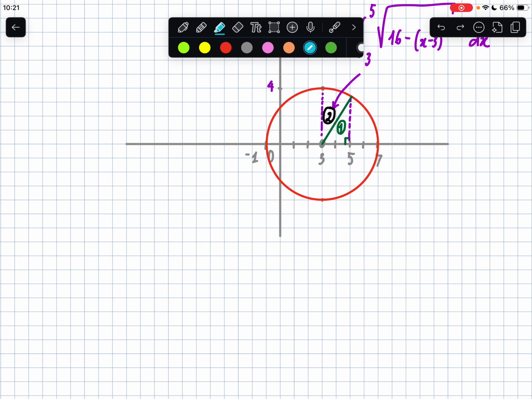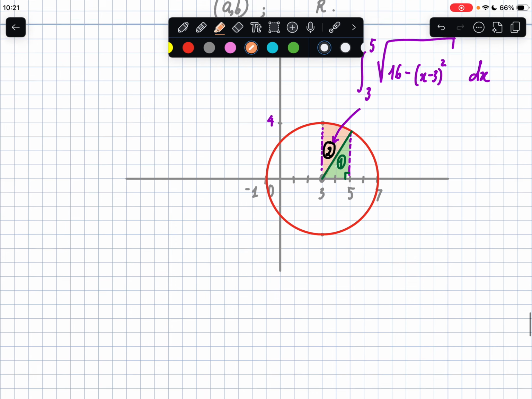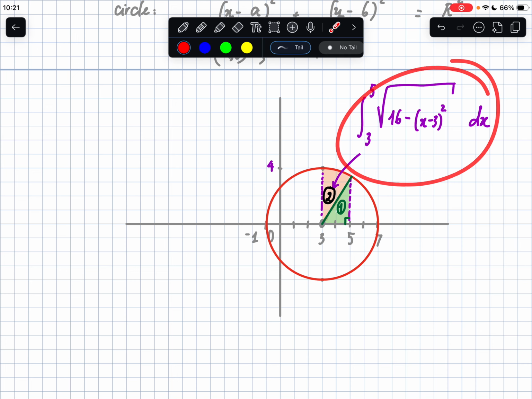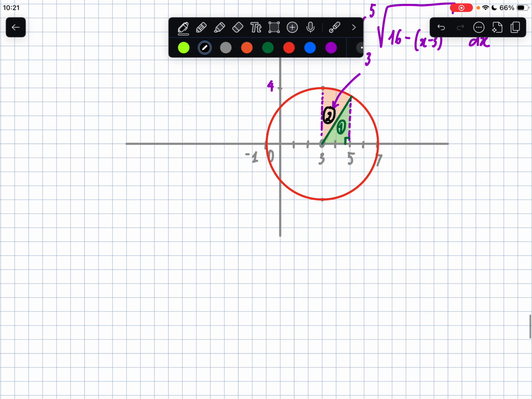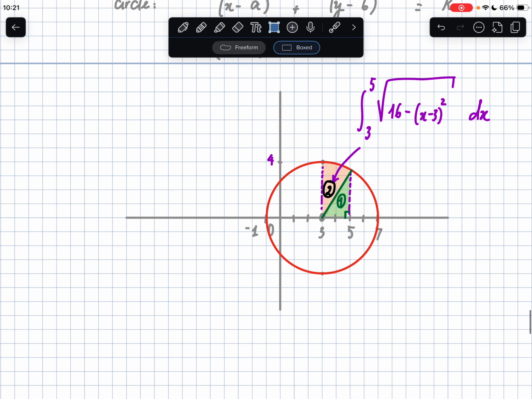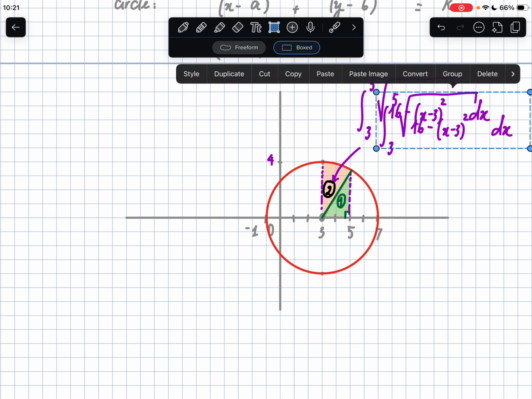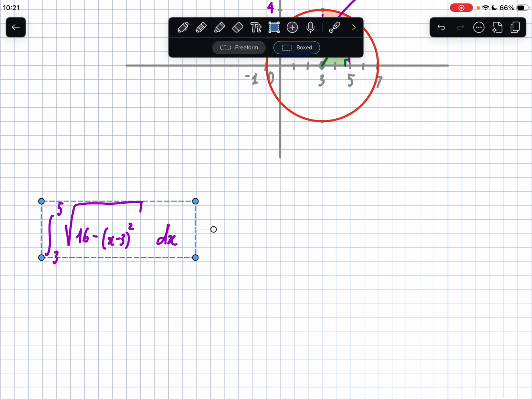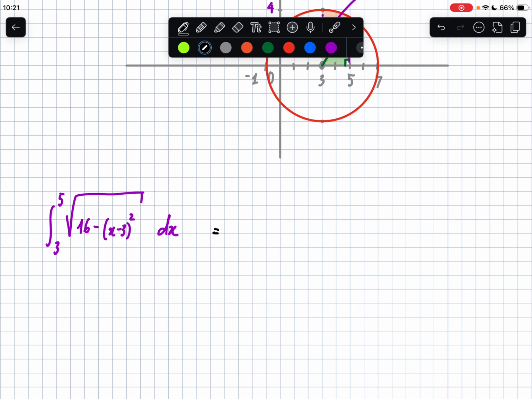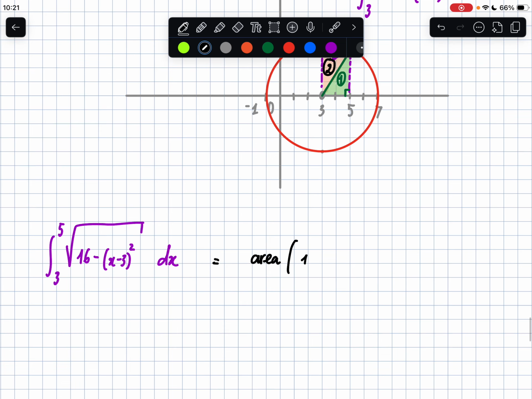Let me compute the area of region 1, and then add the area of region 2. Then we have the area of the region we need, which is this integral, equal to the area of region 1 plus the area of region 2.